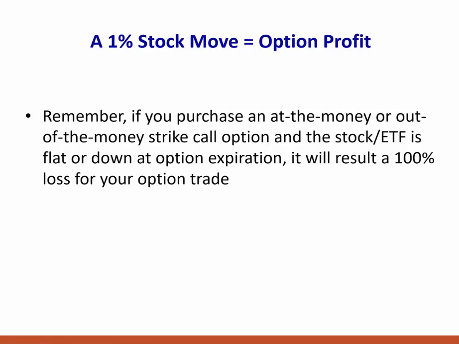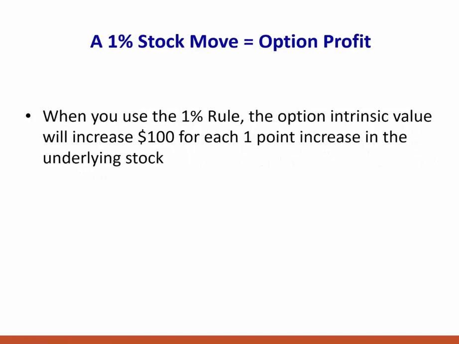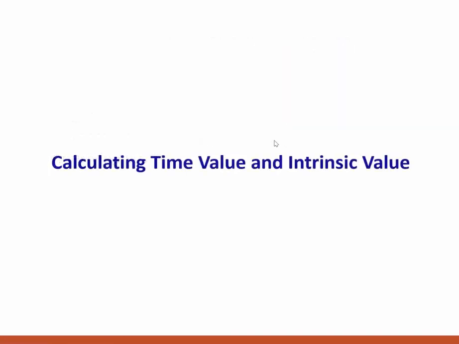If the stock closes at or below the strike price of a call option at expiration, then you'll lose the option premium. When we use this 1% rule, the option intrinsic value will increase $100 for each 1 point increase in the underlying stock.